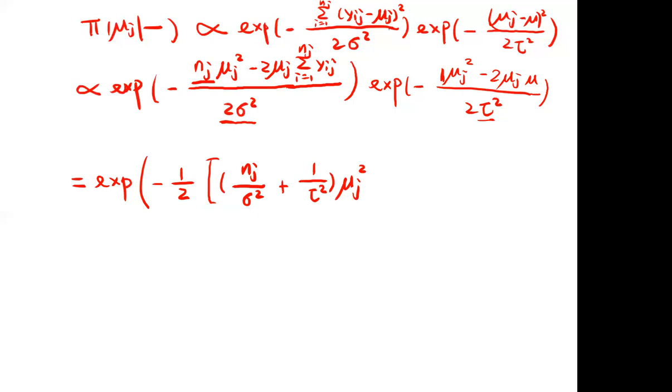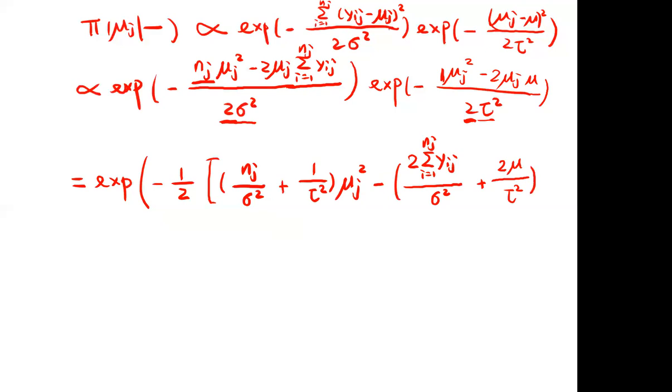And then also now I can work with my mu j term. Remember we put out the 2 from the denominator, but the numerator still has that 2, so don't forget it, don't throw it away. So what you have is it's still going to be negative, and you're going to have 2 times the sum of yij, where i goes from 1 to nj, divided by sigma squared, and then plus, because I put a parenthesis, 2 mu over tau squared.